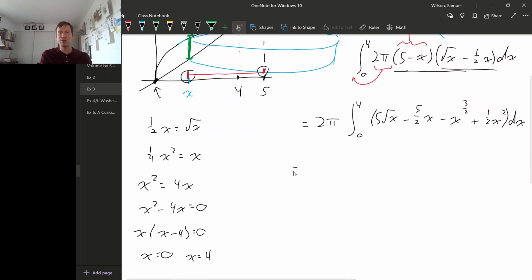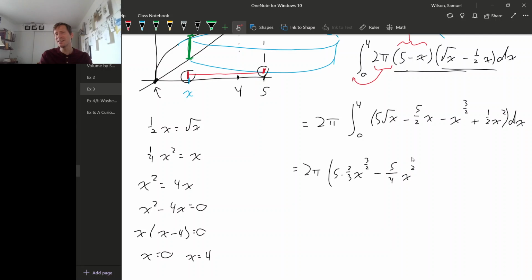Okay, now we can integrate. So the antiderivative of 5 times square root of x is, let's see, 5 times, we're going to have an x to the 3 halves, so we need a factor of 2/3 in here, minus 5 over 4 x squared, right? So this, we need to sort of factor out a factor of 2 from the denominator, so that's why it turns into a 4.